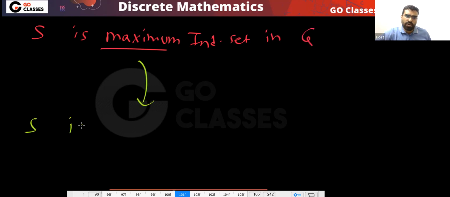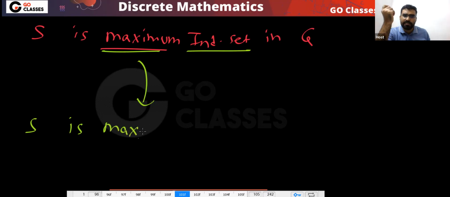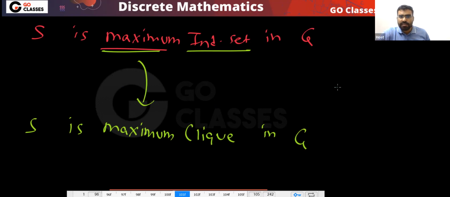This S will be a clique, the maximum clique. So remember, if S is a maximum independent set in G, then it will become a maximum clique in G complement.